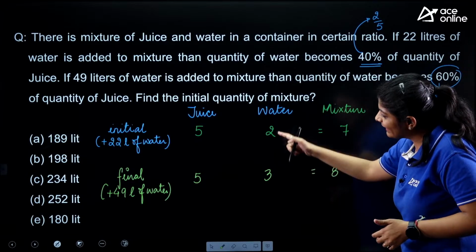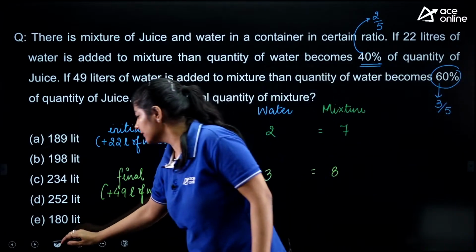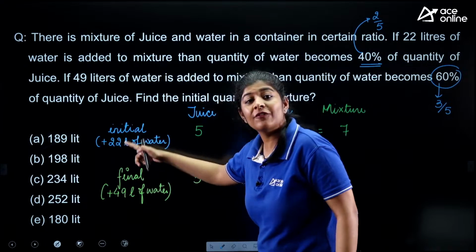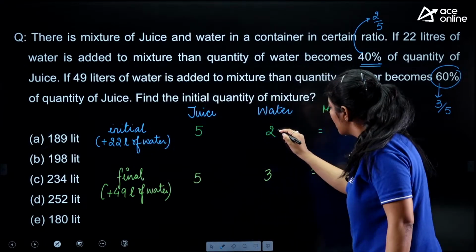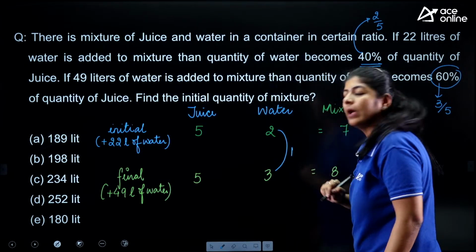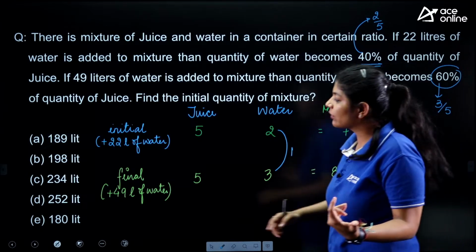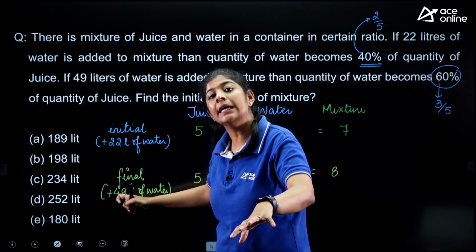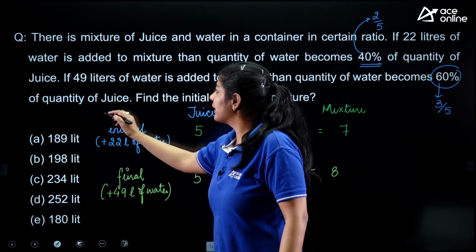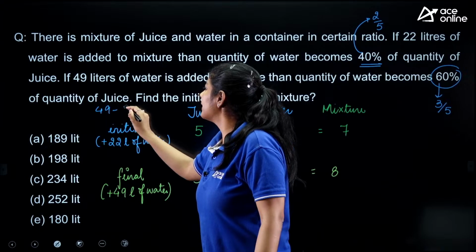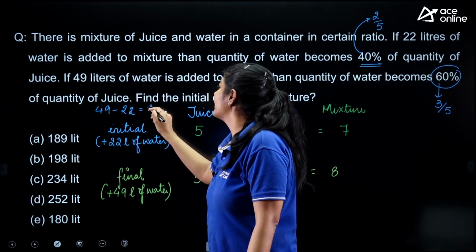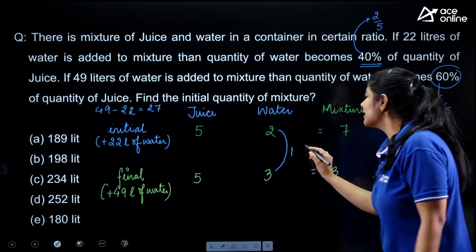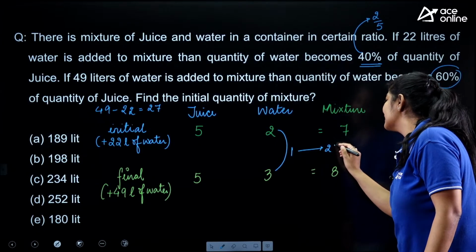But why do we get a difference in quantity? Because we are adding different amounts of water. Here we get a difference of 1, and the difference in the water added, 49 minus 22, is 27.